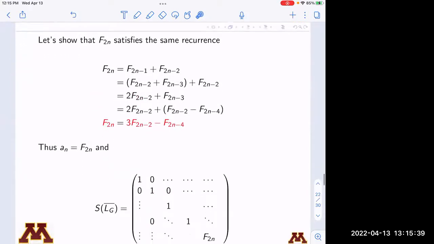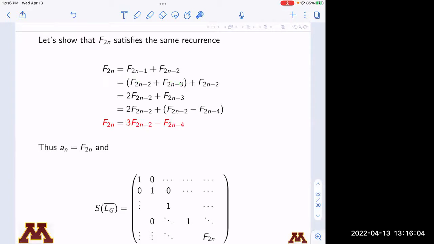And then as it turns out, entries in the Fibonacci sequence that are indexed evenly actually satisfy the same recurrence. So we have F_{2n}, and that equals a sum of F_{2n-1} plus F_{2n-2}.